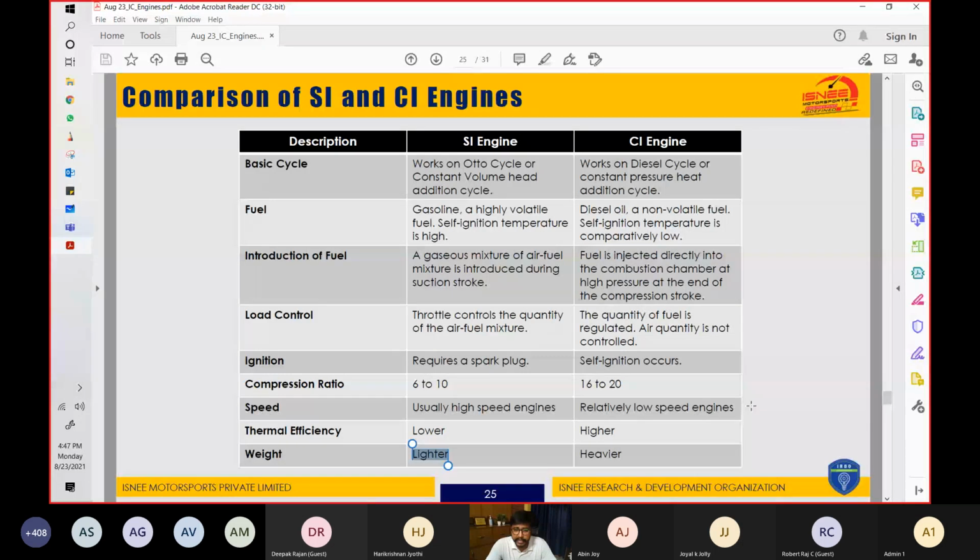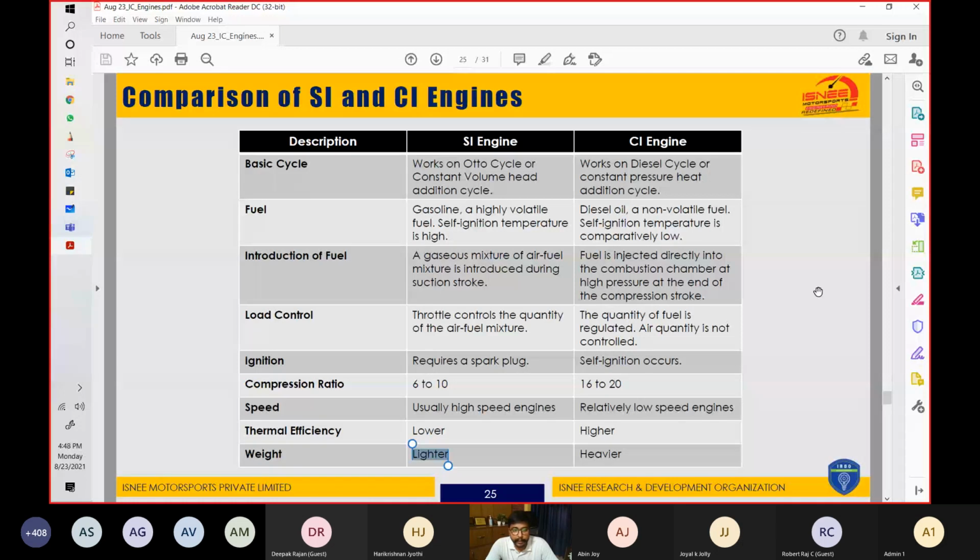There are obvious reasons, because the CI engines have a large number of vibrations, and they are heavier as compared to the SI engine, as they have to encounter more vibrations, more forces, and more non-uniform cycles. Then there is thermal efficiency.